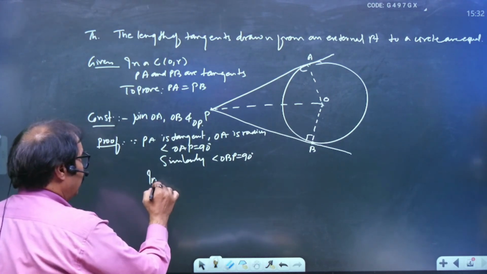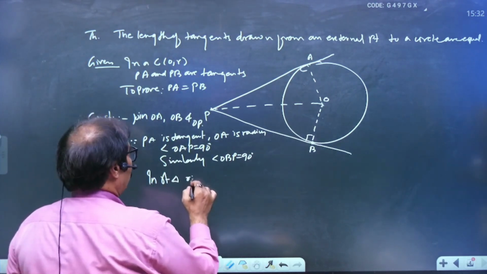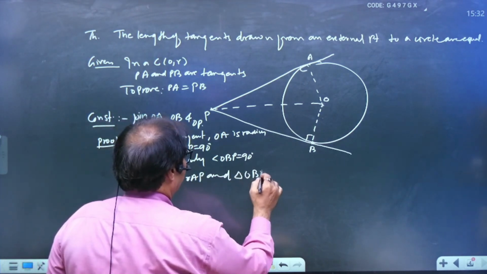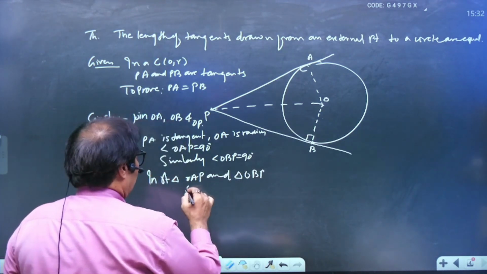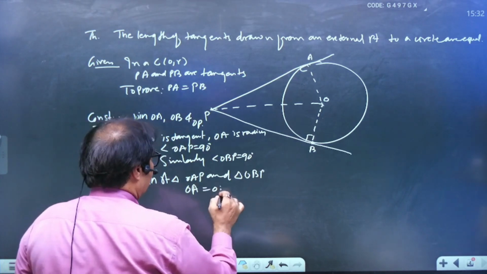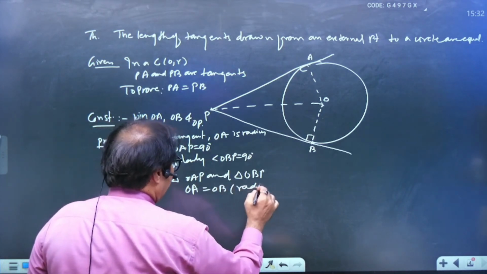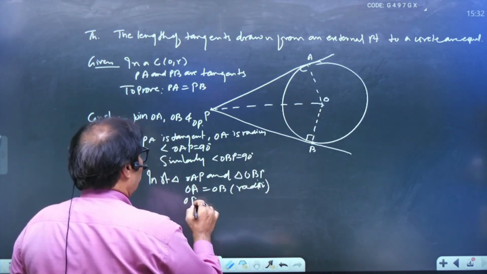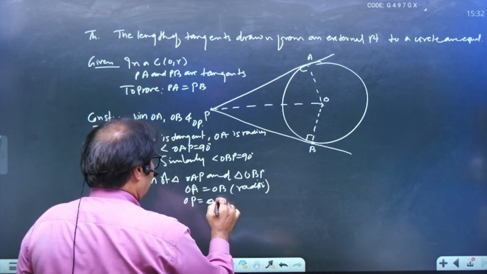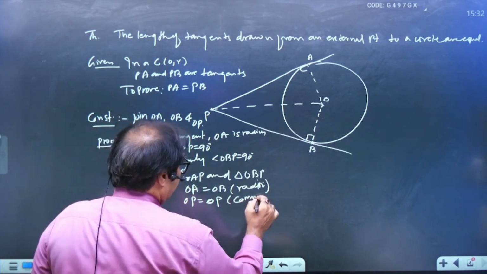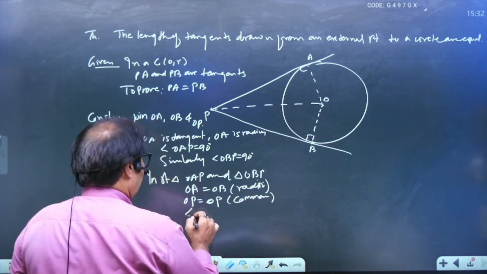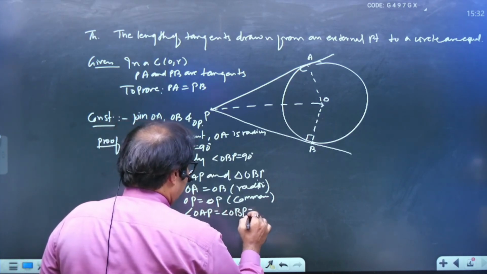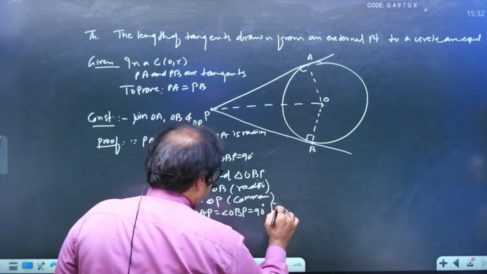Now, in triangles OAP and OBP, side OA is equal to OB because they are radii. And OP is equal to OP, this is common. And angle OAP is equal to angle OBP, equal to 90 degrees, proved above.